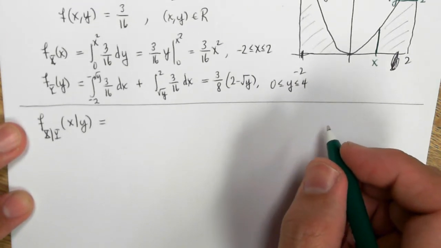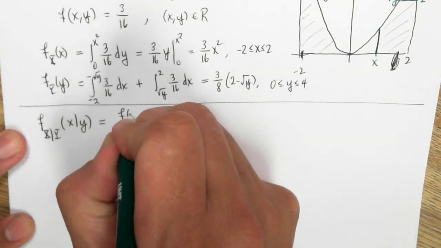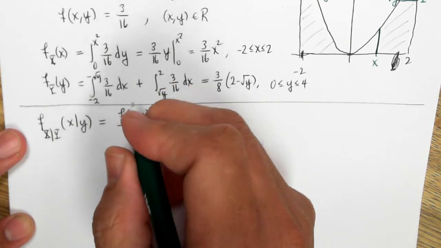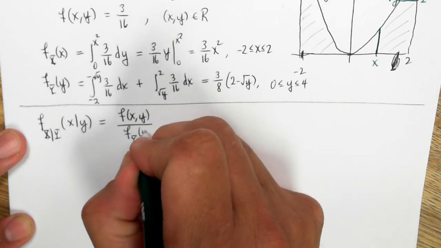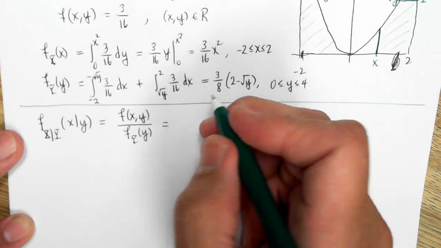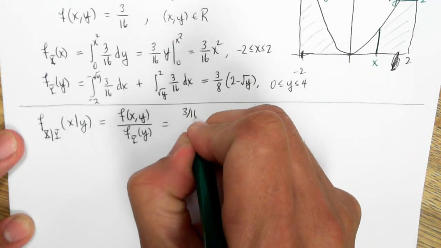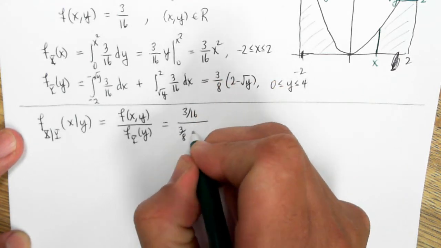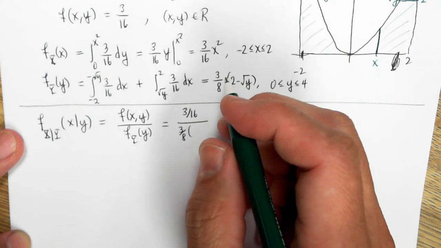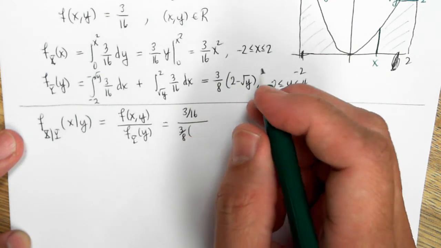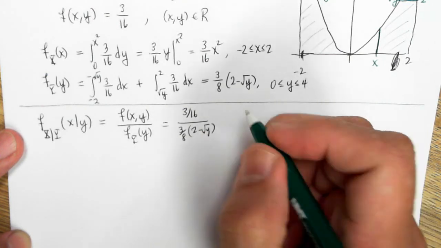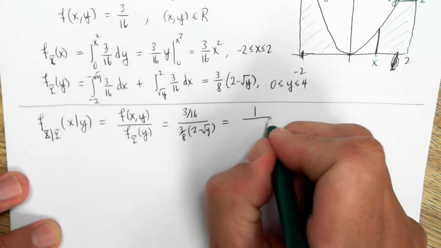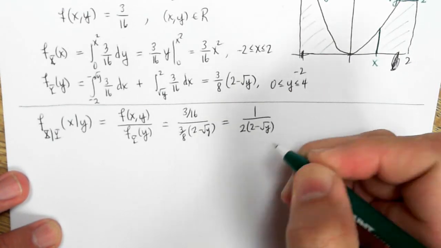That will be equal to the joint PDF divided by the marginal PDF for y, and so that works out to be 3/16 divided by 3/8 times 2 minus the square root of y. And so that is equal to 1/2 times 1 over 2 minus the square root of y.